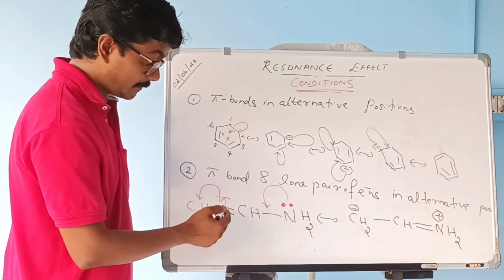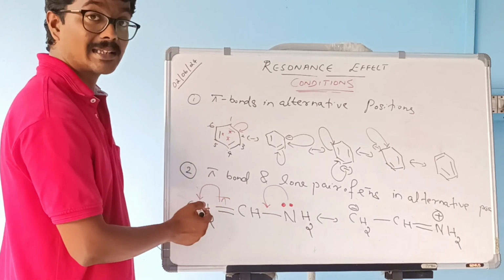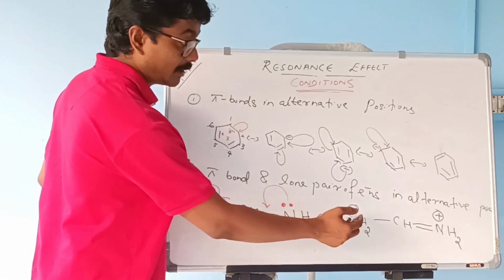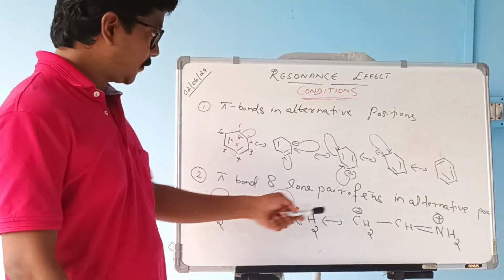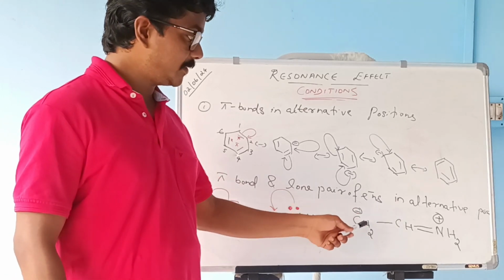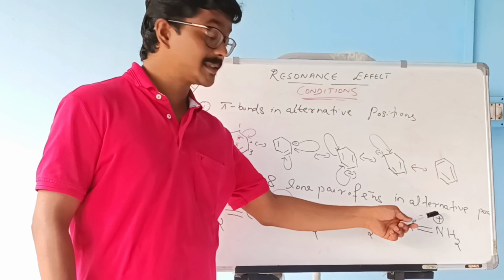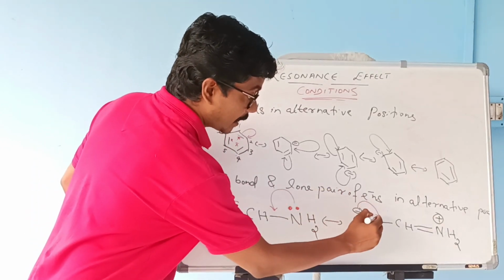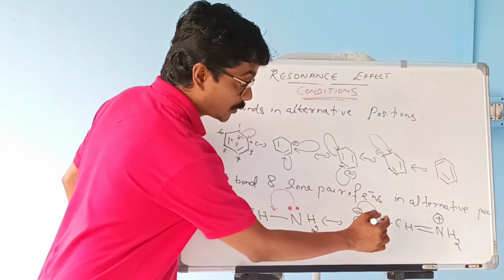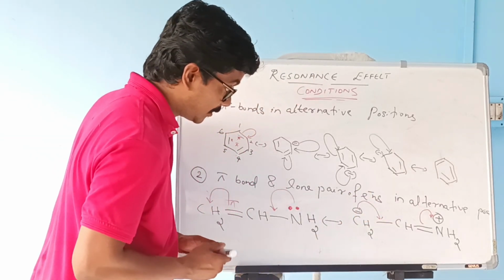As a result, the pi bond moves towards the terminal carbon atom, forming a canonical structure. The negative charge is carried by the terminal carbon atom and the positive charge is carried by the nitrogen atom. Also, this negative charge is moved to here and this will move to here. Similarly, forming what is going to happen?